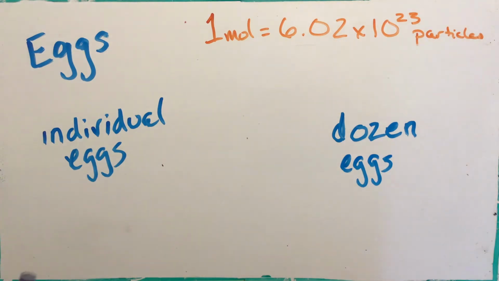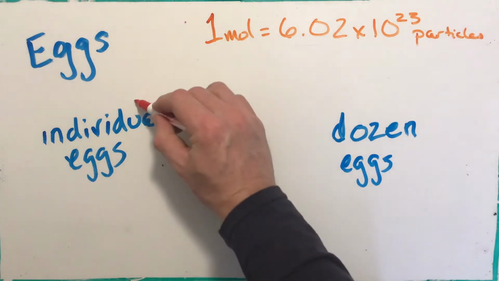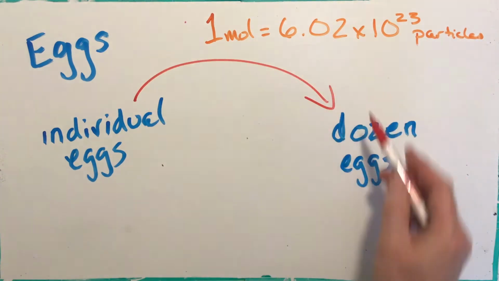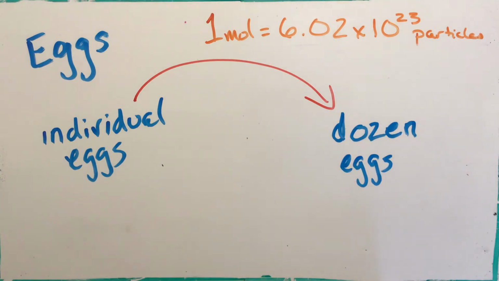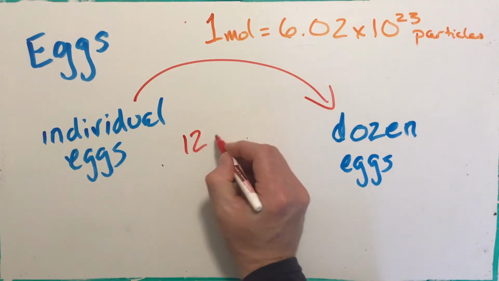So, for example, if I said, hey, I bought 24 eggs today, you would say, oh, you mean 2 dozen? And I would say, well, how did you know that? You would have to know what's called a conversion factor, and that conversion factor is this.